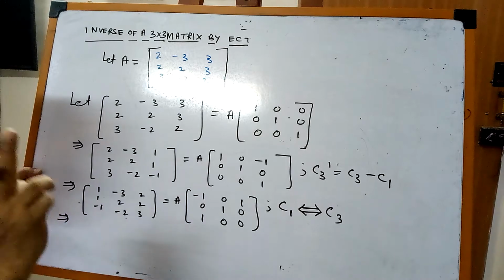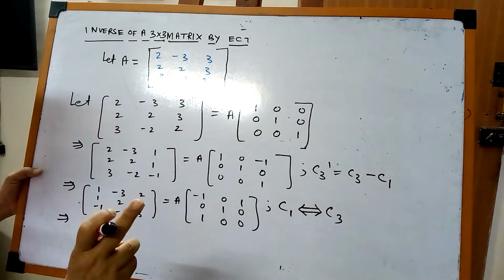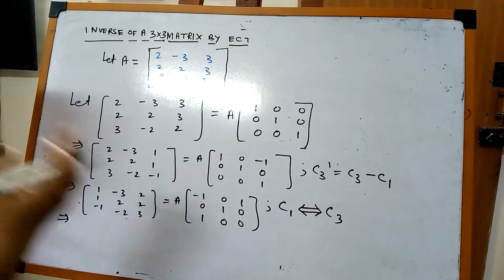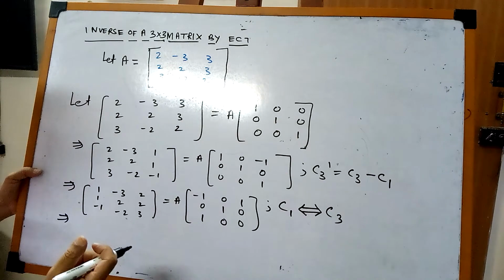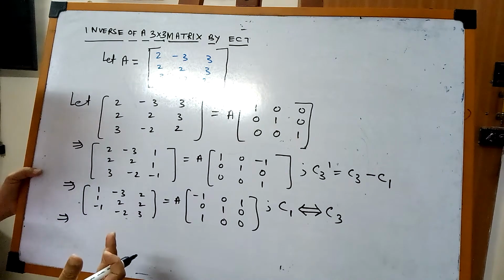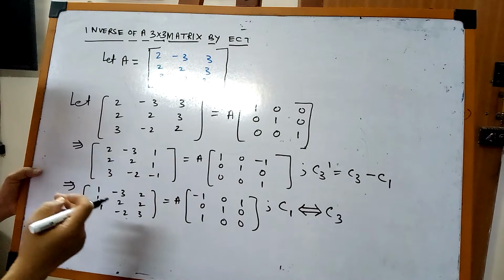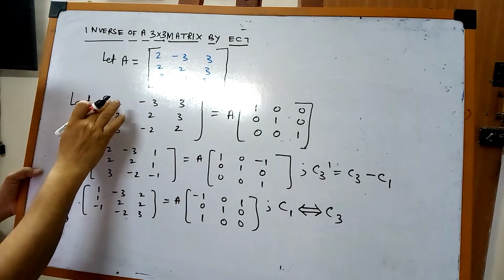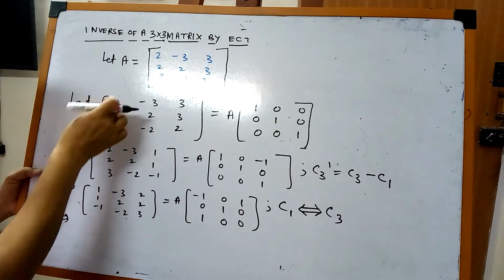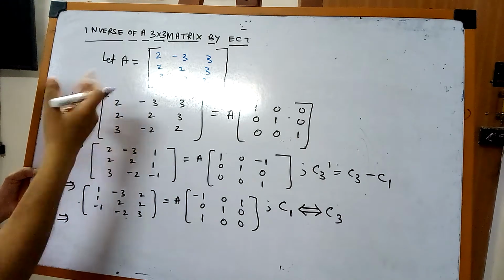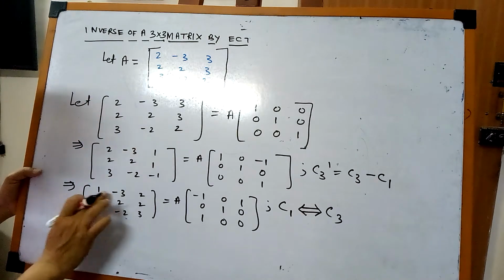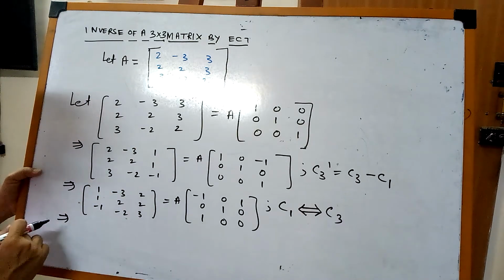You must go for these steps always because next steps become very simplified for calculation. In case of row operation, you must have seen most of the cases we make this one 1, then we subtract it from this or multiply by constant and subtract here to get 1, 0, 0. For column you try to get 0 here and 0 here always.